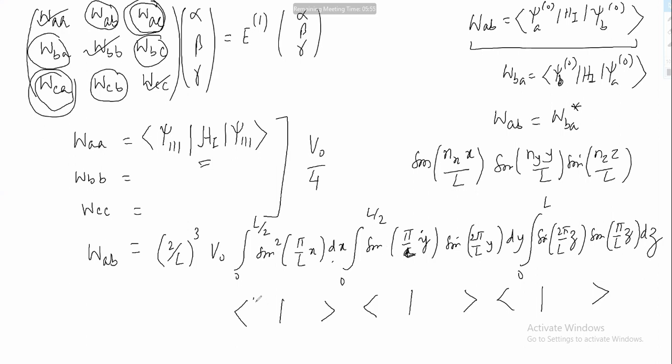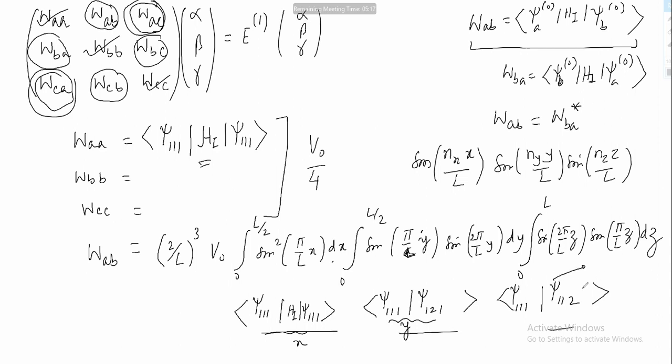This will be psi 111, HI, psi 111 for X, psi 111, psi 121 for Y, and psi 111, psi 112 for Z. You look at the matrix element, you will come across these three terms.